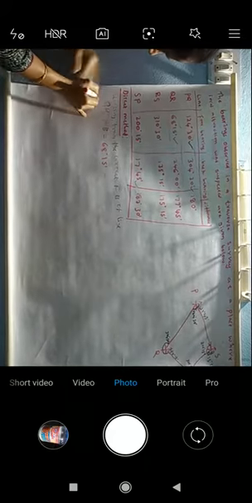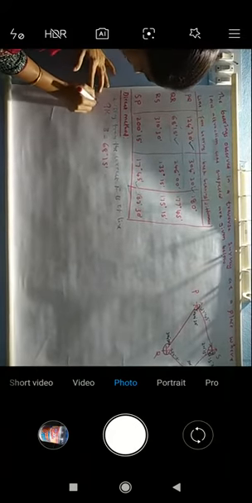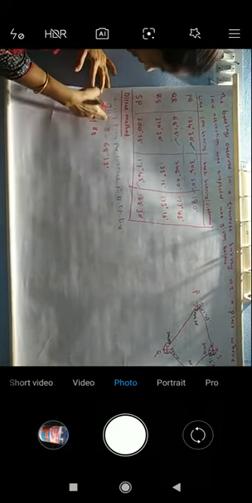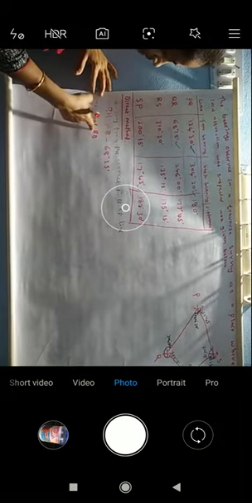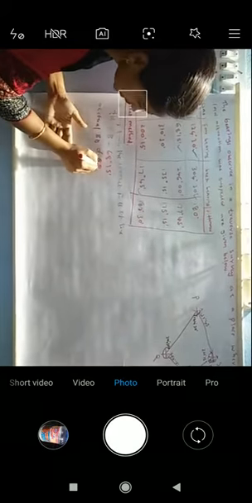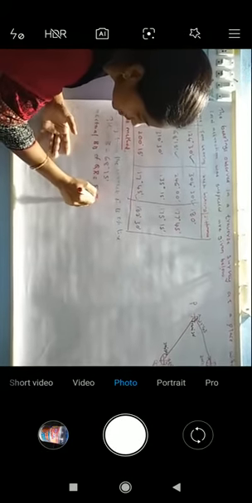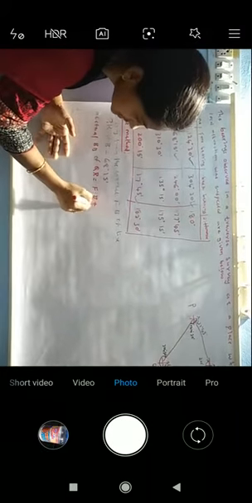Then the actual back bearing. I am writing forward bearing as FB and back bearing as BB. Actual back bearing of QR is equal to forward bearing of QR plus or minus 180.